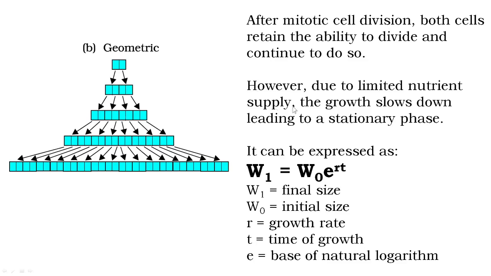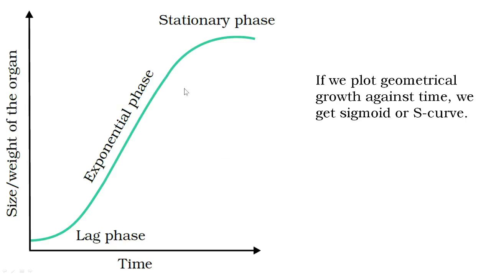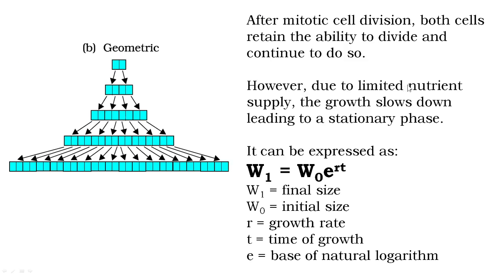Now I told you in living systems we do not see the J-shaped curve. Instead of the J-shaped curve we get something called a sigmoid curve. The sigmoid curve is due to limited nutrient supply and because of other reasons, right?